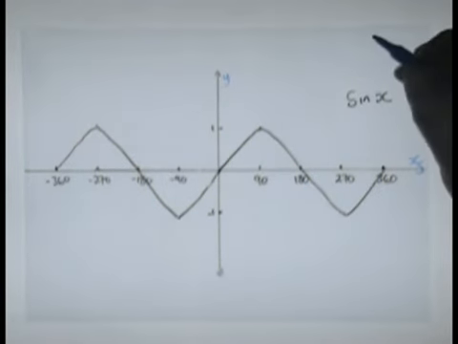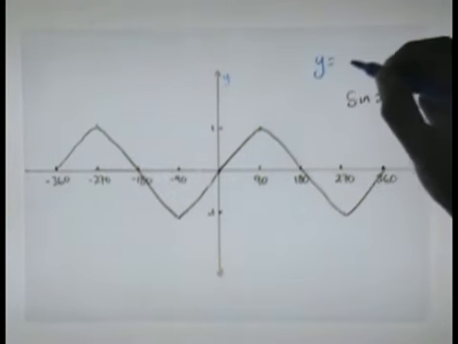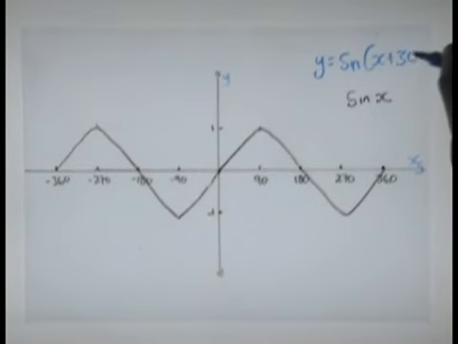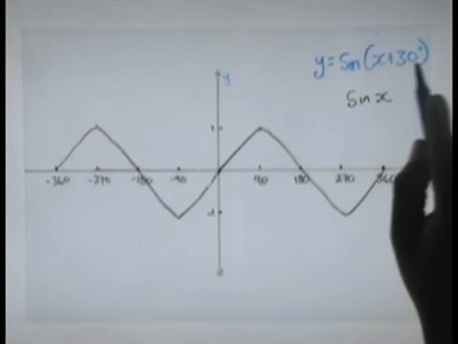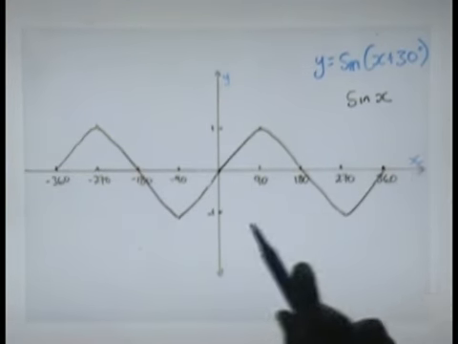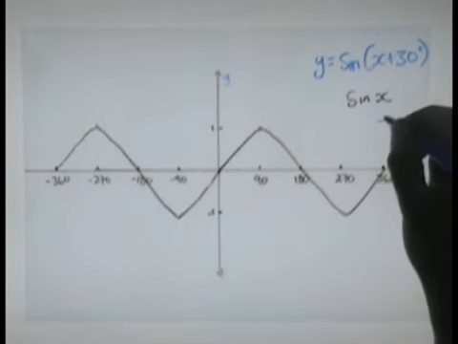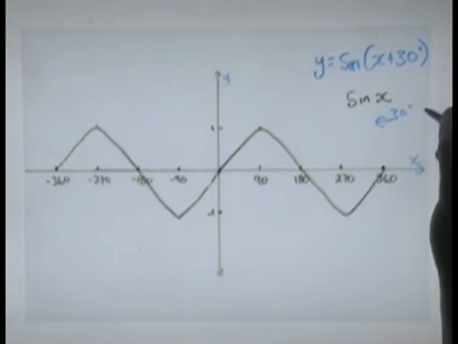The next graph we're going to be looking at is y is equal to sine of x plus 30 degrees. Now you will remember from the functions tutorial that x plus 30 degrees means that we are moving our graph to the left 30 degrees.